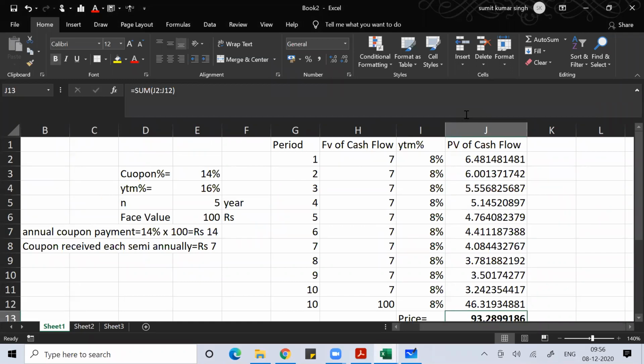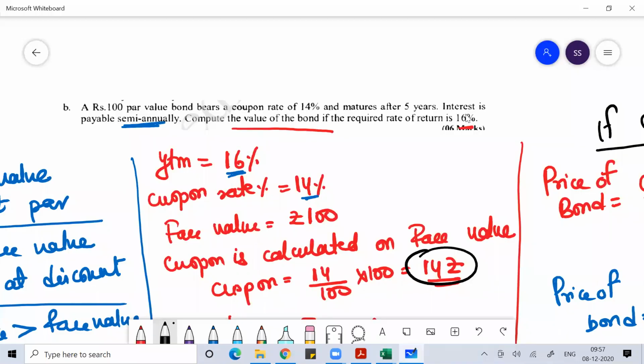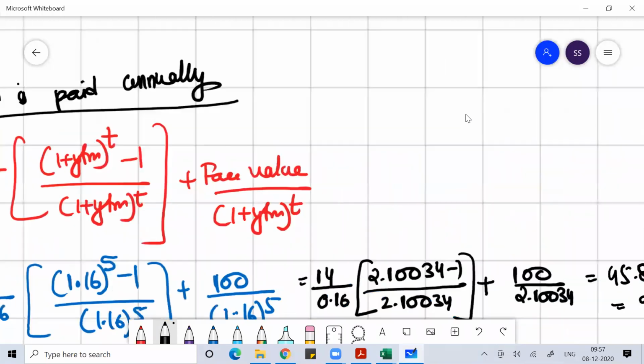But again, we simply use our mathematics knowledge of the concept of present value of annuity that we studied in our second semester in financial management. We converted everything in the form of a formula so that the process becomes very easy. Otherwise, you could have done it step by step with a calculator and got the answer.